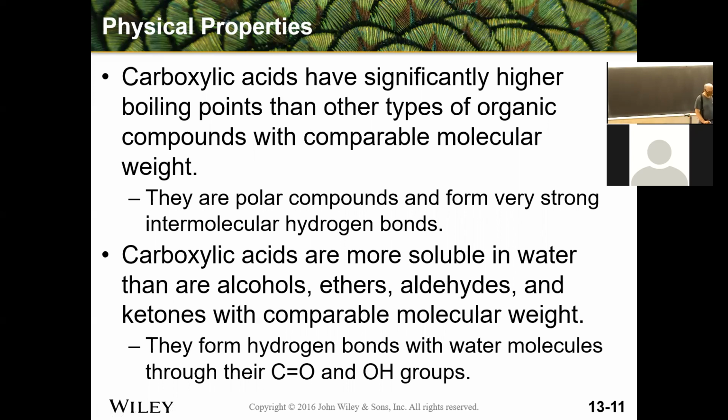They form very strong intermolecular hydrogen bonds. They are more soluble in water than alcohols, ethers, aldehydes, and ketones with comparable molecular weight. That's because they form hydrogen bonds through both the CO double bond and the OH groups.